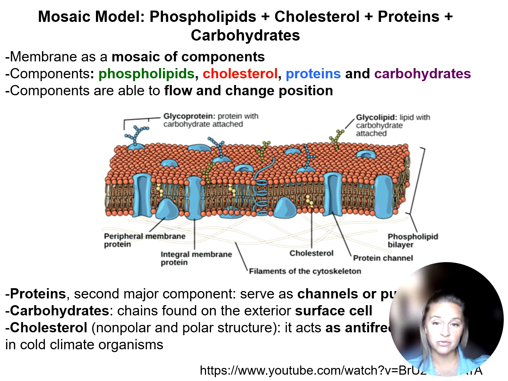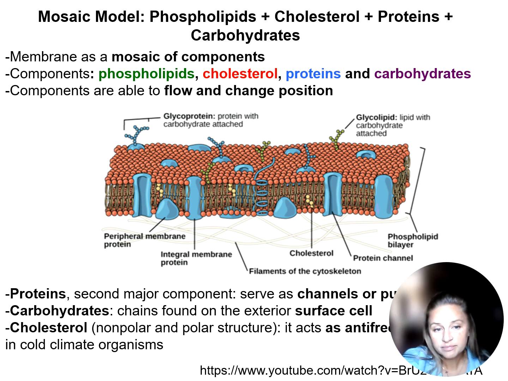If this is a cell membrane in a type of fish that lives in the Arctic Ocean, it's going to have a different composition of cholesterol in its membranes than a warm-blooded mammal would. So the fluidity and the correct composition of the membrane is maintained by the amount of cholesterol that's in the membrane.